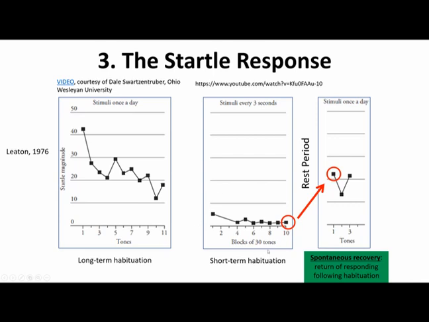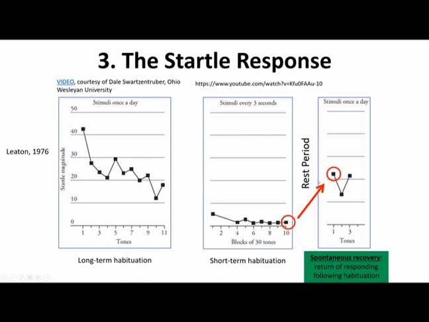The cool part that we're going to learn new here with this example is that after a period of rest, we see something called spontaneous recovery, which is even though we've gone through this habituation and they have this learned lack of response to the sound, if we give them a break and give them that new stimulus again, we see an increase, a spontaneous recovery of responding, where this responding returns even after habituation.